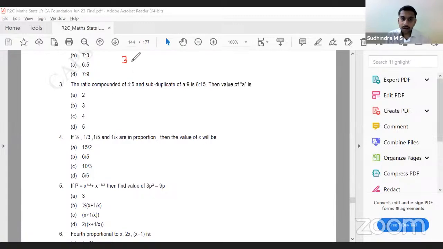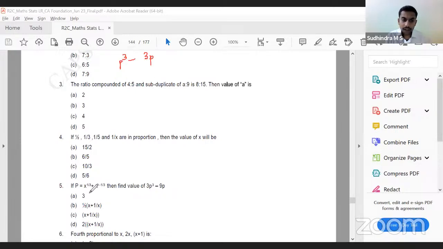See what is required: 3p cube minus 9p. Take 3 common. You get p cube minus 3p. Now consider p cube minus 3p.